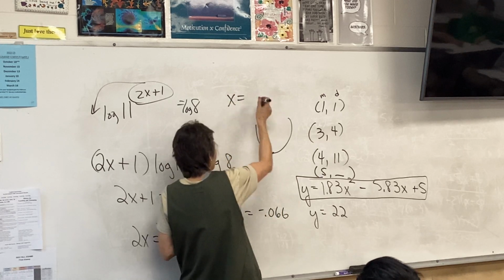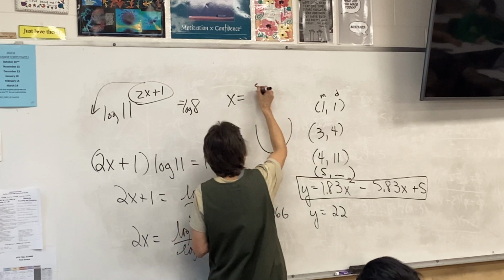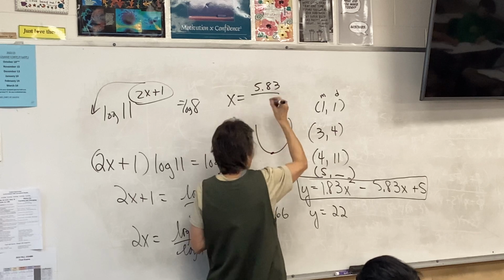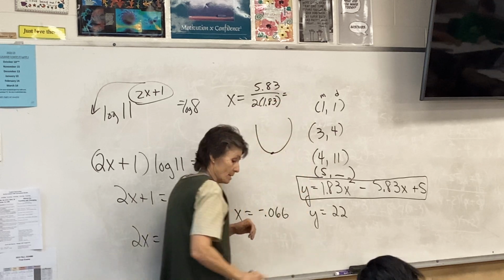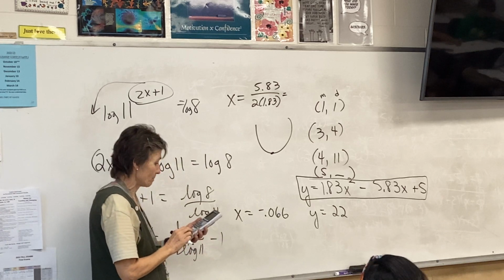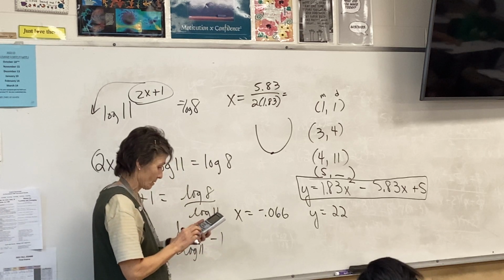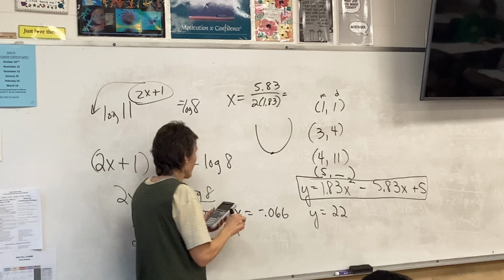So let's go ahead, math isn't that bad. So x equals, how do I find the vertex by hand? Negative b over 2a. So the x coordinate is going to turn out to be about 1.6.